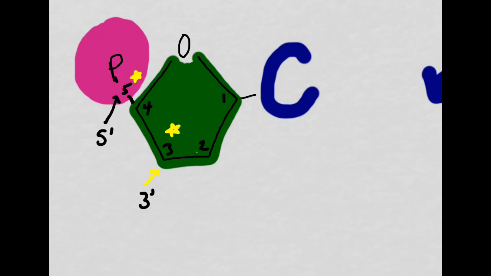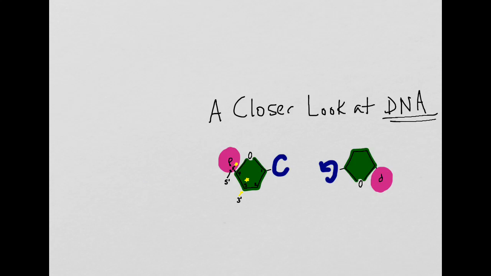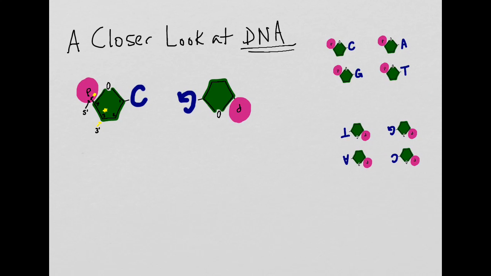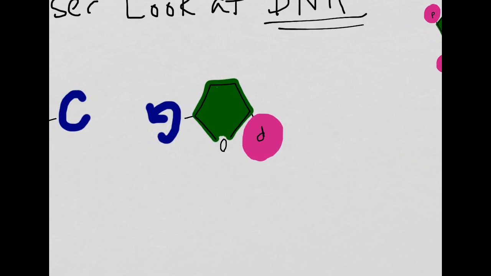So you can see in my little picture, if we could say upside or downside here, the 5 prime is up and the 3 prime is down.